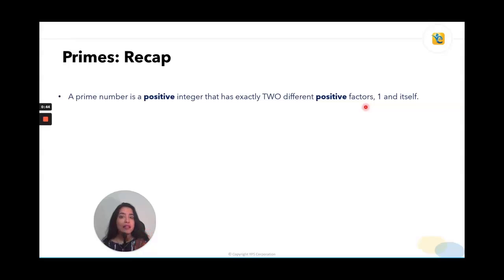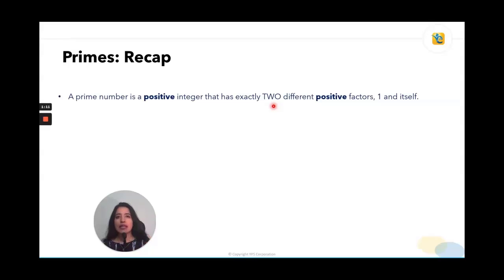If I take, say, the number 10, then 1 and 10 are two factors of the number 10, but it has more factors as well. 2 and 5 are also factors of 10. So it's not exactly two factors that 10 has, and for that reason, 10 is not a prime number. So remember, a prime number should have only these two factors and nothing else whatsoever.